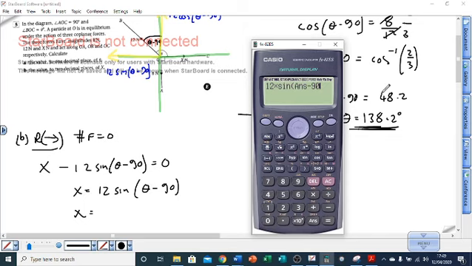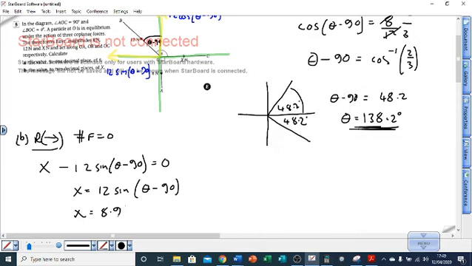I needn't have done that really, I should have just written 48.2. Anyway, too late. I end up with that, and to 2 decimal places it is 8.94 newtons. So that was to 2 dp, and that one was to 1 dp.